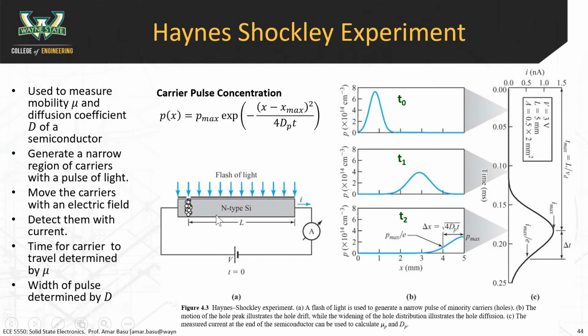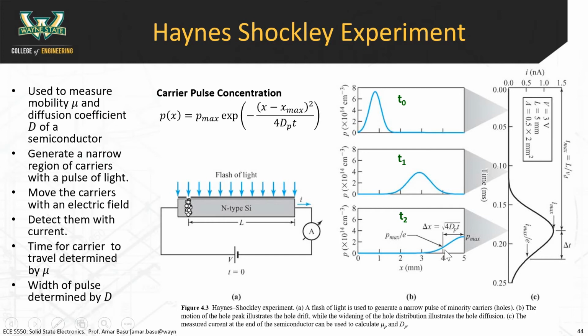Think about how fast that pulse is going to move. You generated carriers at one spot. The rate at which those carriers move through the material depends on mobility. Mobility is a constant that tells you, when you have an electric field, how fast those carriers move across the material. So the amount of time it takes for this pulse to get to this side and be detected by the ammeter can be used to measure mobility.